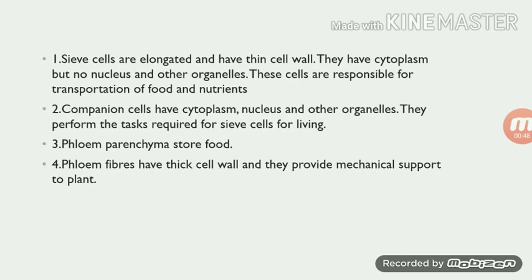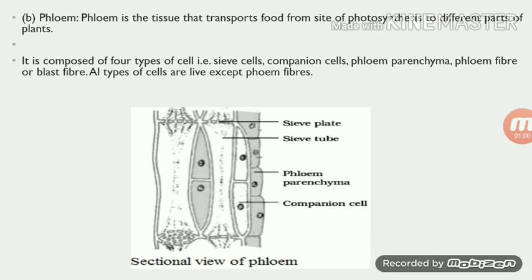Next is the companion cells. They have cytoplasm, nucleus, and other organelles. They perform the tasks required for the sieve cell to live. Companion cells have nucleus and other organelles, and they perform tasks to support our sieve cells.